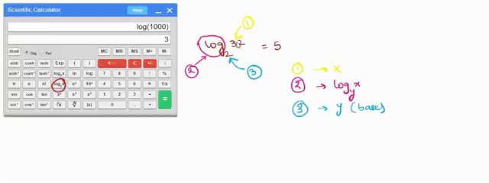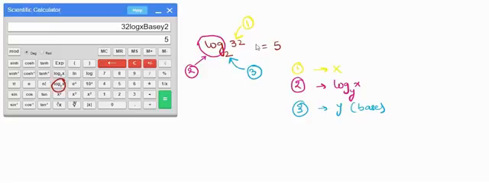What do we want? 32. First clear this out. 32. Second step is press the log x base y button, and now we have to press the base value, which is 2. 2 equals 5. So this is the way to get the value of log x base y.